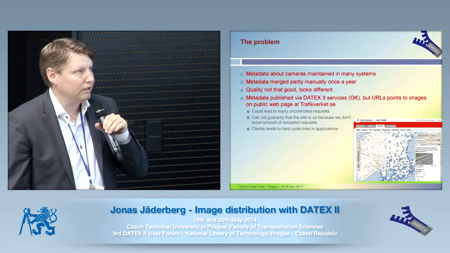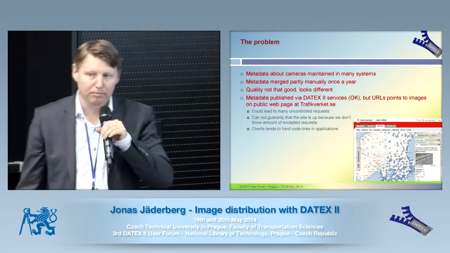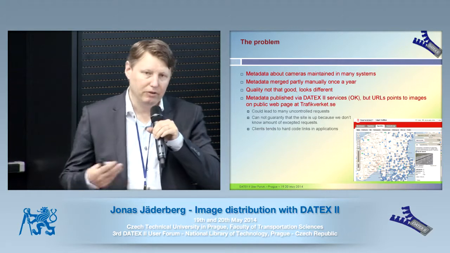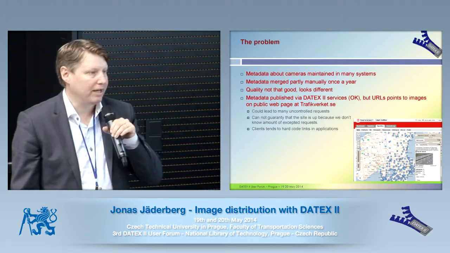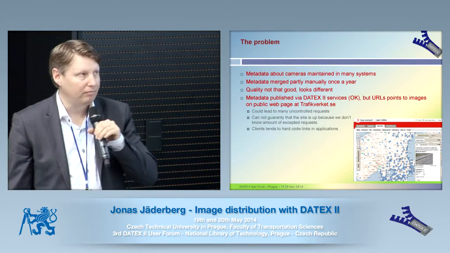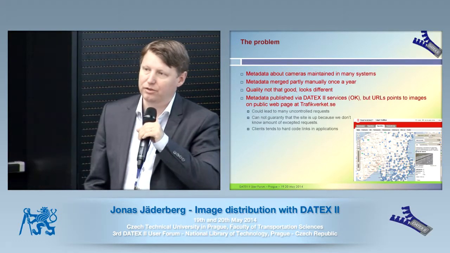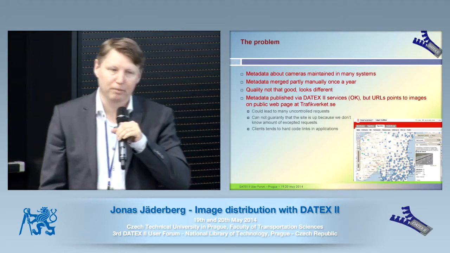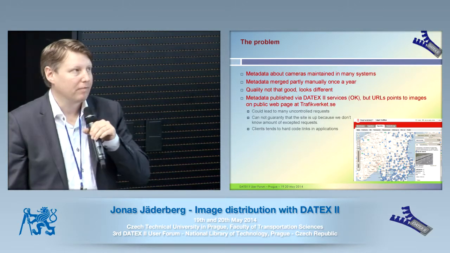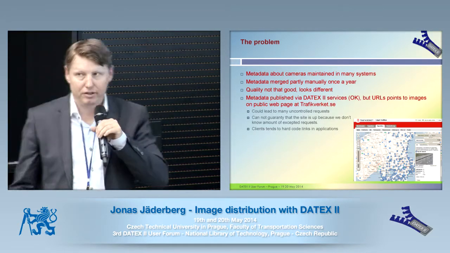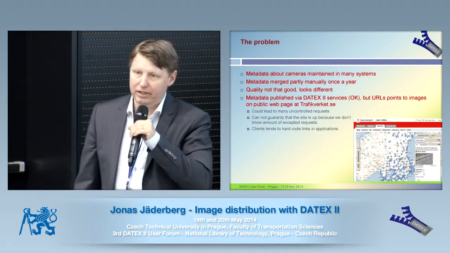So this was not really good because we don't have controlled access to these images. So we cannot guarantee to the other Datex II users that these images will be available to them. And clients also tend to hard-code these links in their applications.